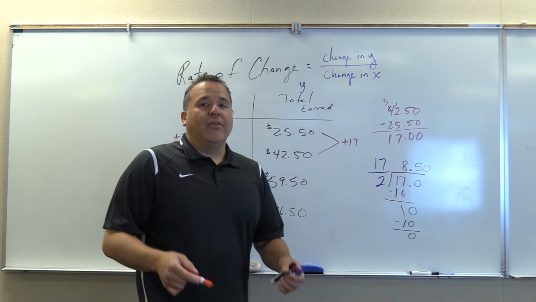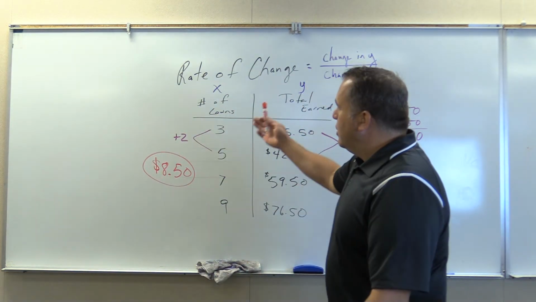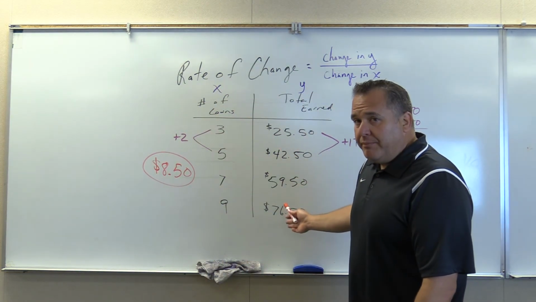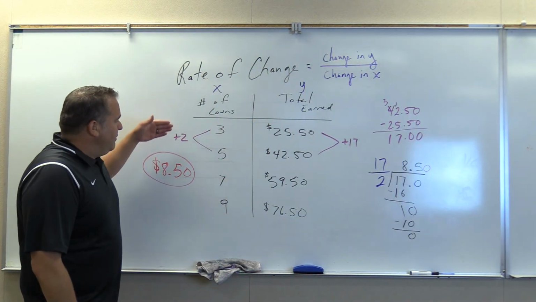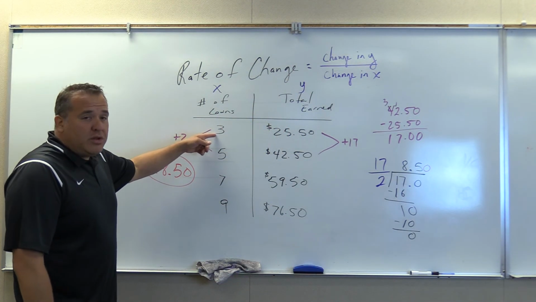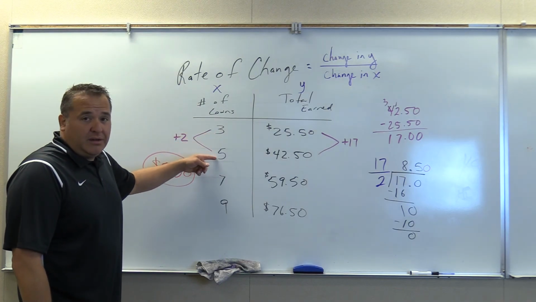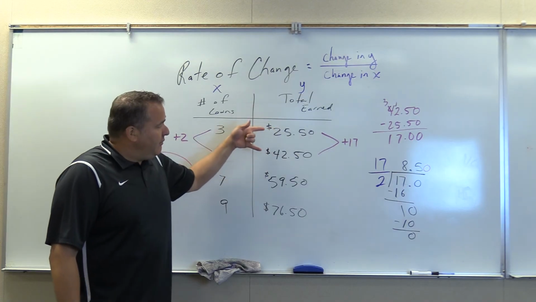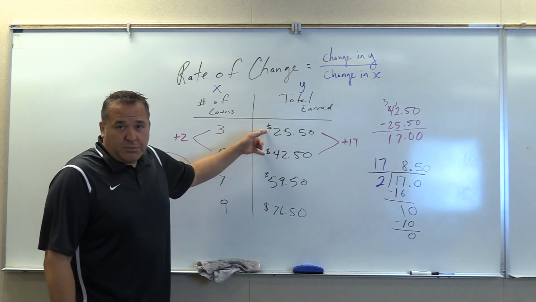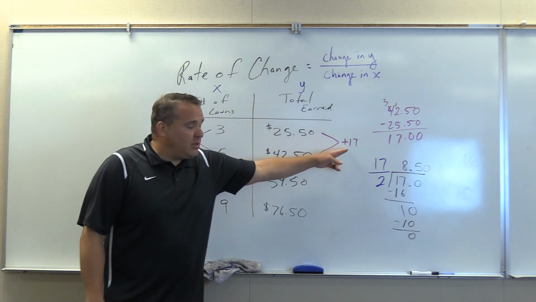Now that is how you find the rate of change from a chart. Just to recap, you need to find the change of X just by seeing what you are doing to the first number to get the second number by adding or subtracting. And then the change in Y, once again, finding the difference between these two numbers. That's going to be your change.